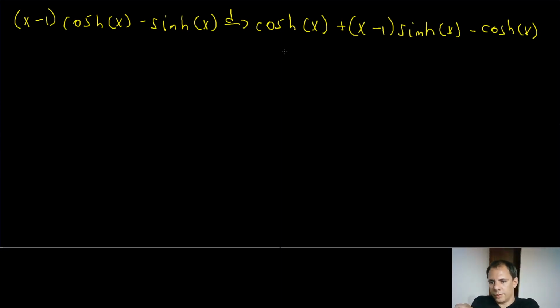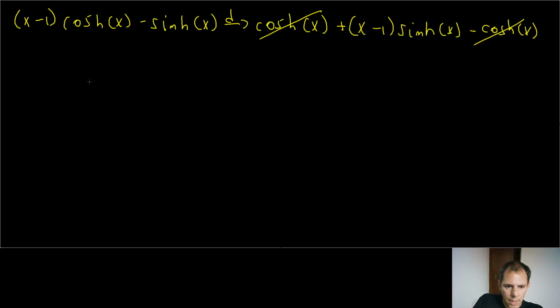That's the derivative. Now you have hyperbolic cosine of x minus hyperbolic cosine of x. You cut these two, and you're left with this. Now, when is this going to be 0? Well, it can be 0 when x is 1.